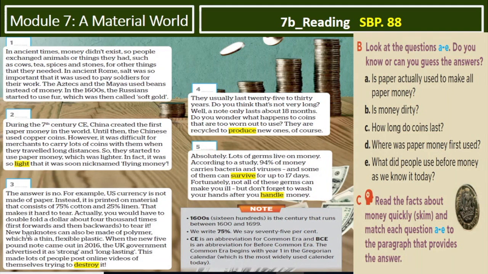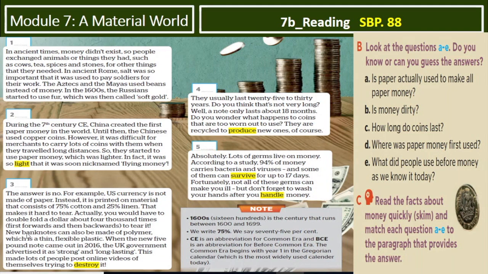It's your turn to match each paragraph with its heading from those in A to E. Okay, number 1. Now it's your turn to skim the paragraph and find the suitable heading of this paragraph.